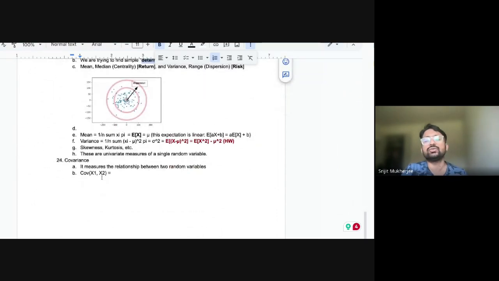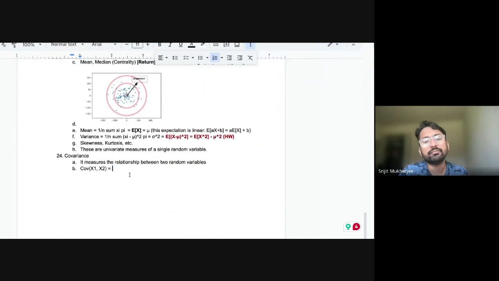Similarly, covariance of x1, x2 is nothing but, as I said last day, what is the meaning of covariance? I have explained this last day, but let me explain it once again. Let me see if I have those notes.